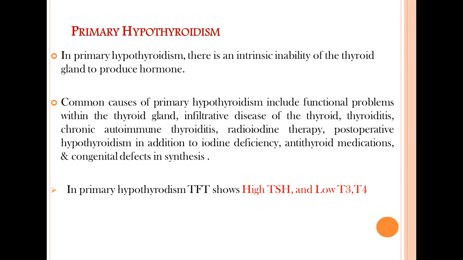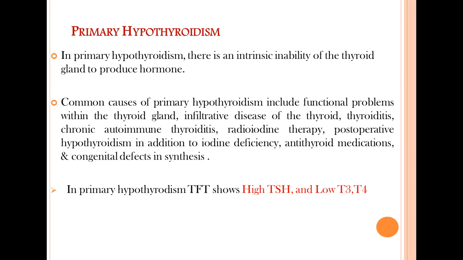In primary hypothyroidism, the defect is in the thyroid gland itself. There is a variety of causes. The first and most common cause is iodine deficiency. Iodine is a vital, essential part in the structure of the thyroid hormone. So in case there is iodine deficiency, there will be a defect in the synthesis of the thyroid hormone.